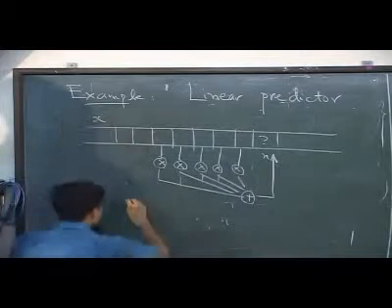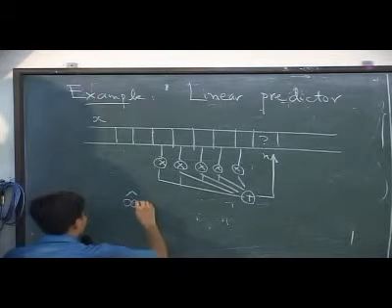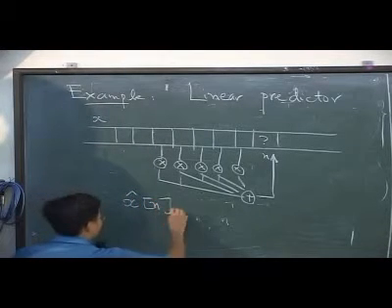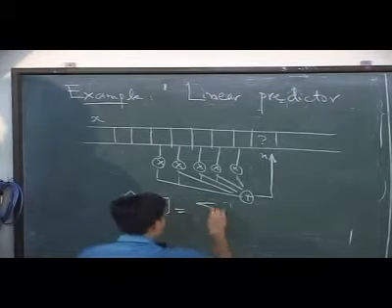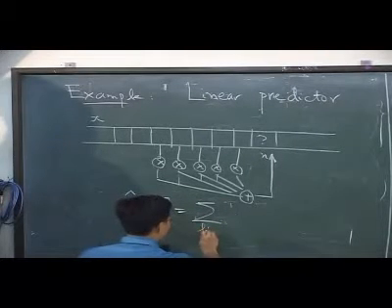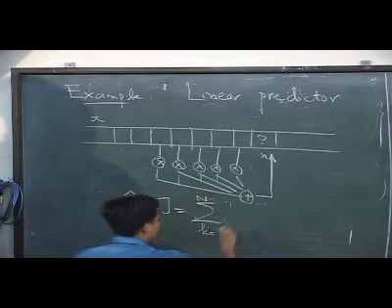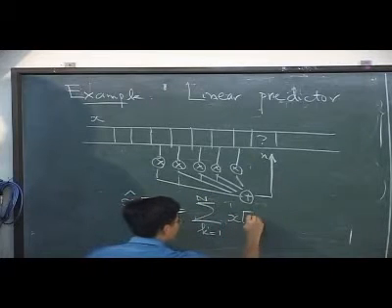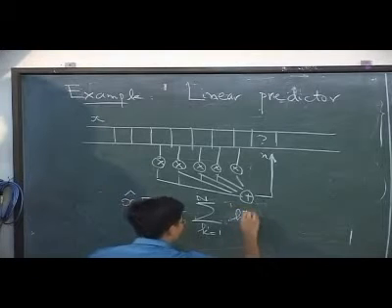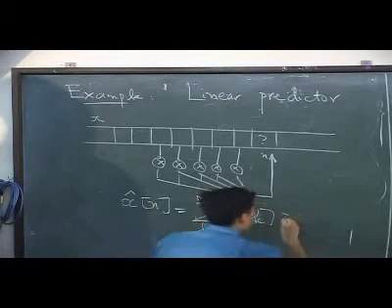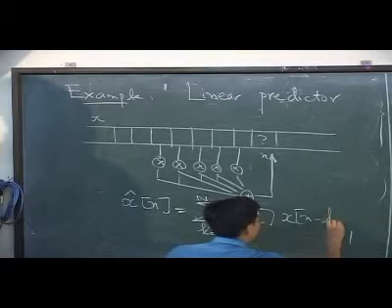In other words, x hat of n equals the summation over k from 1 to N of h of k, x of n minus k.